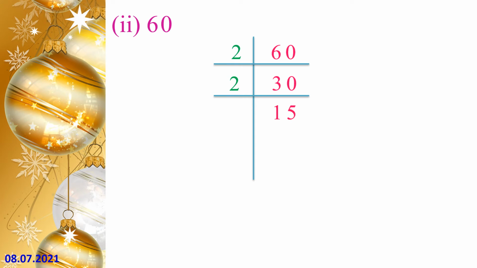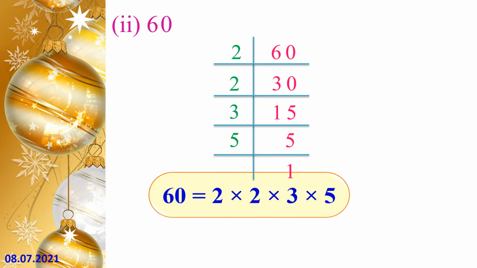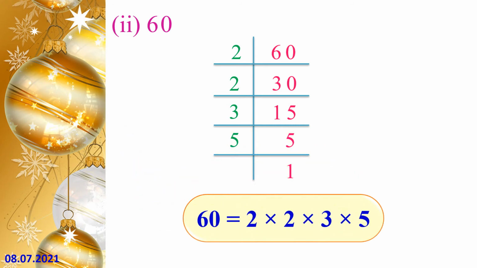Now 15 is an odd number and it is divisible by 3 because the sum of the digits is a multiple of 3. 15 divided by 3, we get 5. Next, 5 is divisible by 5. So 5 divided by 5, we get 1. So now the factors of 60 are 2 into 2 into 3 into 5.